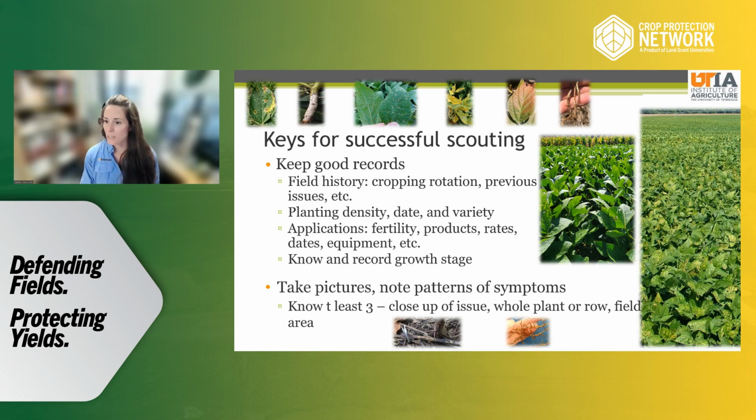In the picture just to the left, a little bit closer up, you want to look at the entire plant, because the newest growth is not going to have that injury if it is something that went out in the tank. In general, to tell the difference between a disease and a chemical injury, look at the newest growth on the plant. If that newest growth is not showing the same symptoms, then you need to go back to your records and see what went out over that field.